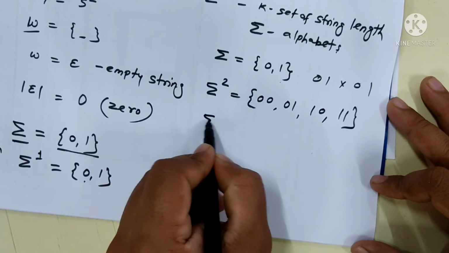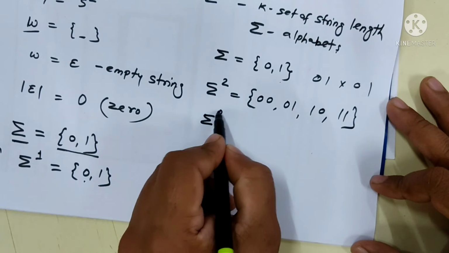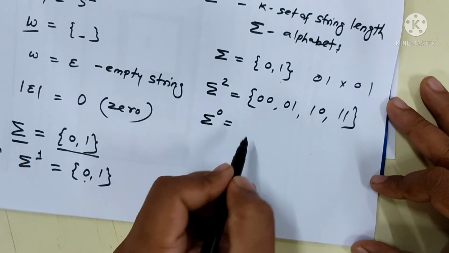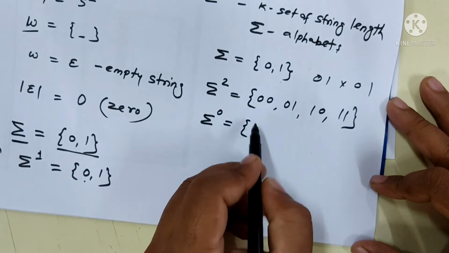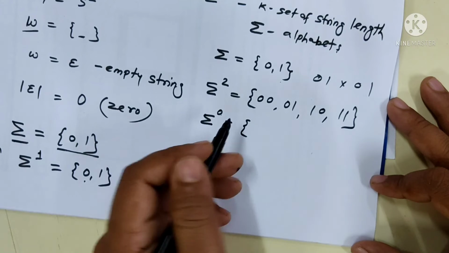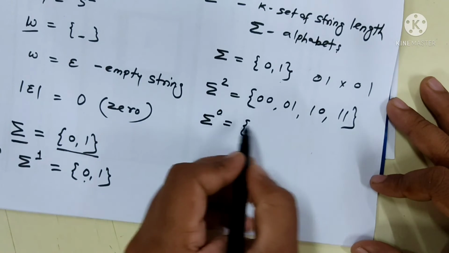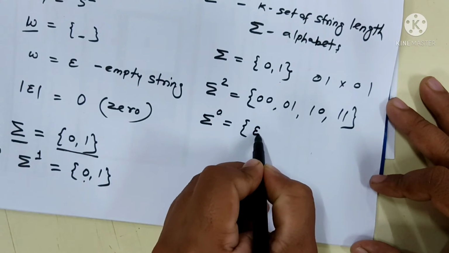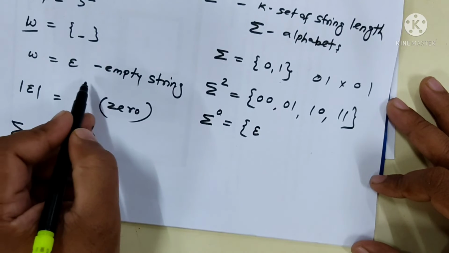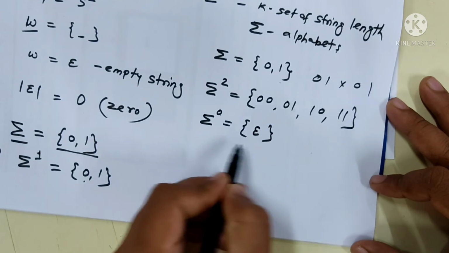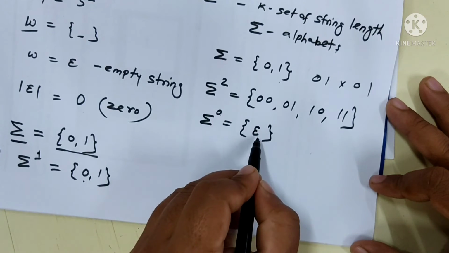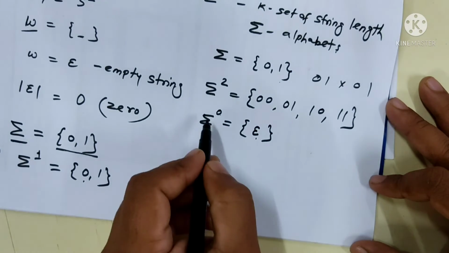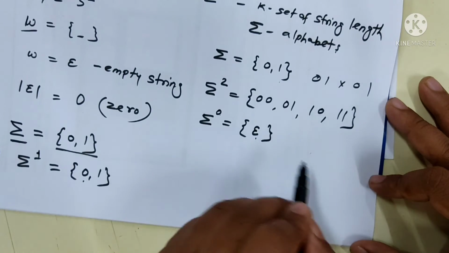Like that, suppose sigma raised to 0, k is 0. At that time the string is empty, and we insert the empty string as epsilon. So epsilon is defined as sigma raised to 0.